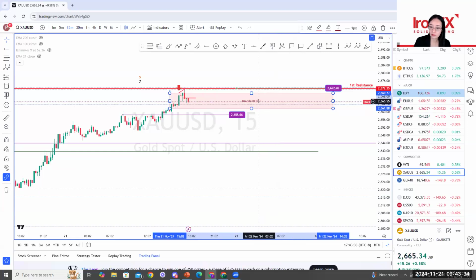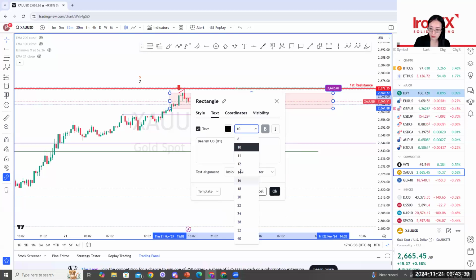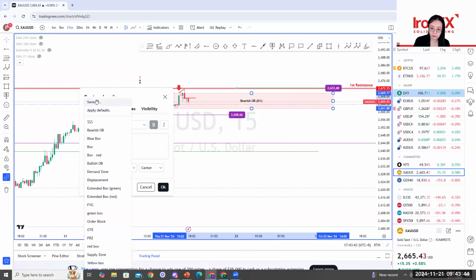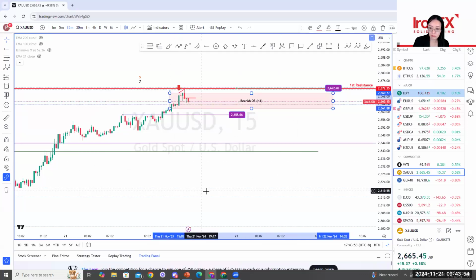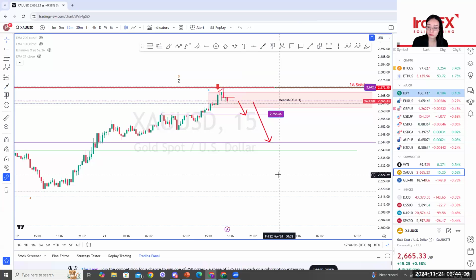Okay, we will see. Okay, see whether they want to fall. They want to fall from this zone. TP1, TP2, TP1 here, and TP2 here. Okay, we shall see.